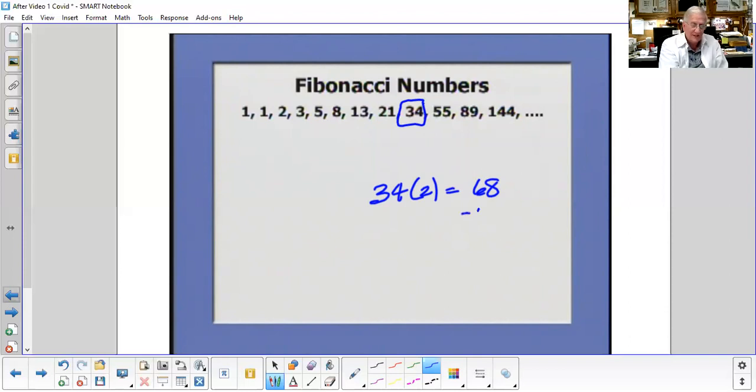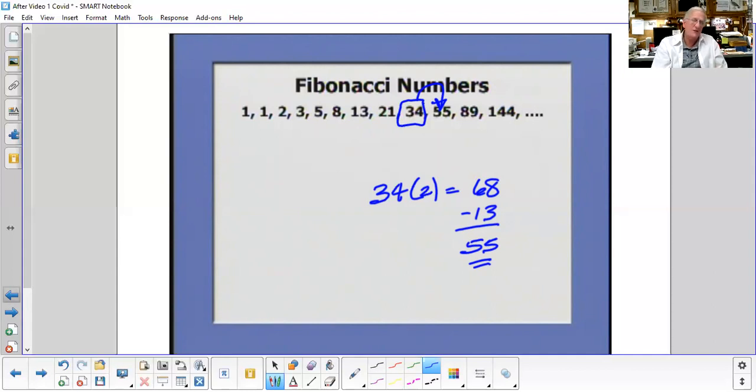If I subtract that 13 from the doubling I got of 34, which was 68, look what I get. 55, which is the next Fibonacci number. So there are all different kinds of ways that you can mess around with this series of numbers, and these neat relationships seem to exist.